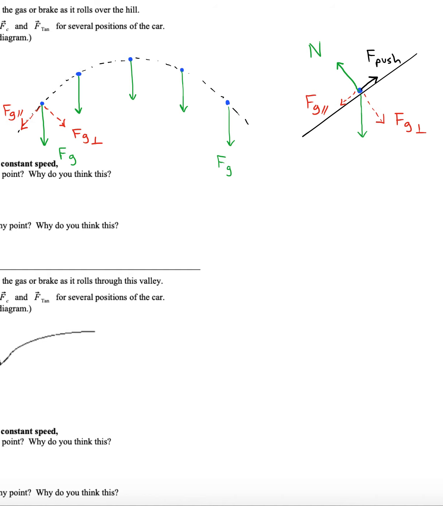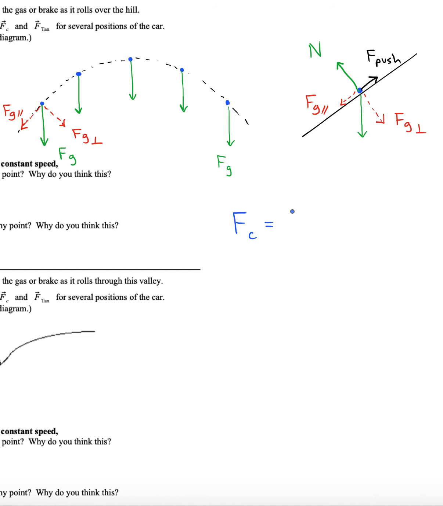All right, now the question is, how big should the normal force be? Should the normal force from the ground be as large as Fg perpendicular, like it was in this ramp, or should it be something else? Well, one thing that we always see with centripetal motion is that it follows a formula.